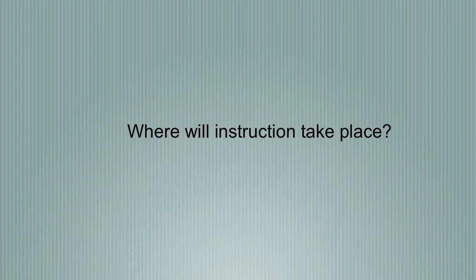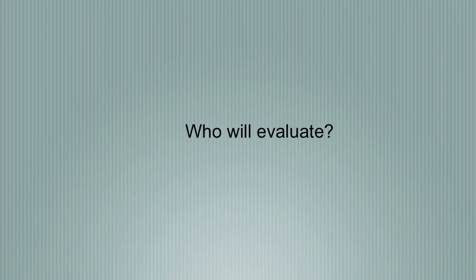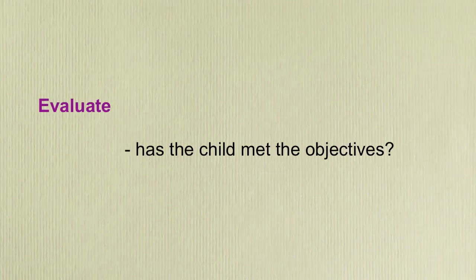We want the student in the classroom as much as possible, but sometimes other options are the best. So we would document that if the integration support teacher is going to work with that student, it could be in whatever place in the school. And who's going to evaluate each of the short-term objectives towards the long-term goals. So all of that is documented in the IEP.